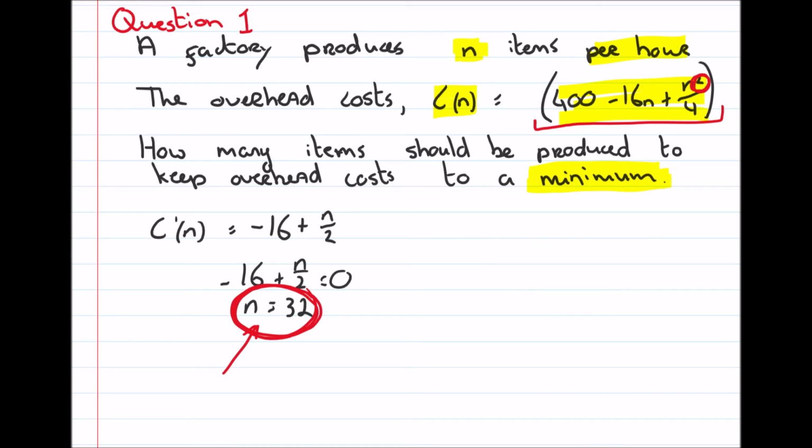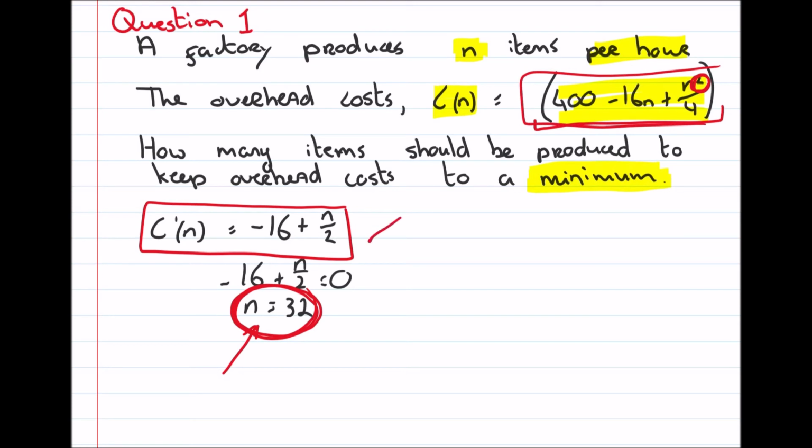But if I didn't know that, what I would do is differentiate this function again. I differentiated it once, I got this, differentiate it again, and I get a half. Now usually what I do is I take the 32 and put it into that function.